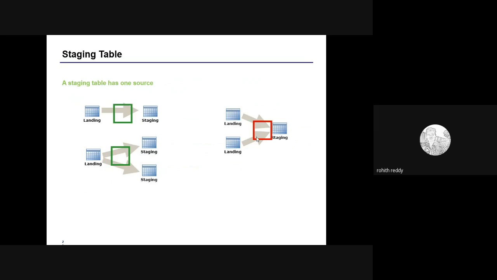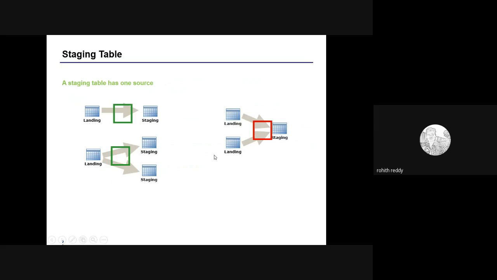That stage table cannot be loaded by multiple landing tables. You know the reason why? Once we use the stage table in a mapping, that stage table cannot be used again. It will not display in the mapping section if you want to create a new mapping. That is the reason.